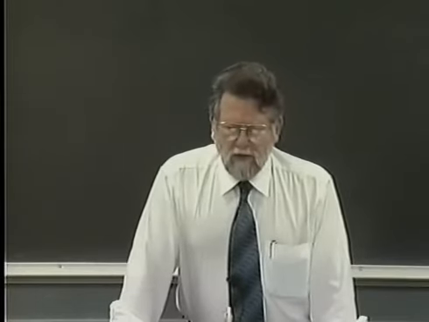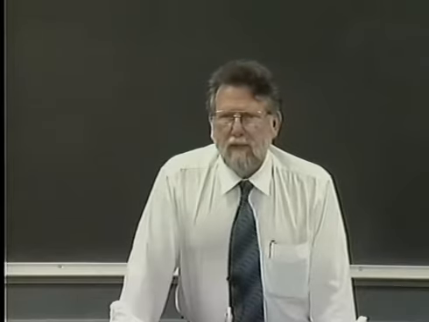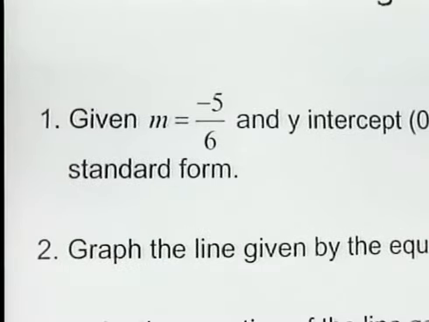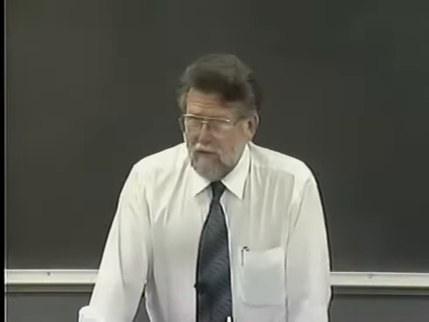So let's go to the first problem on the test. We go to the document, Ken. I gave you the slope at -5.6 and an intercept at 0.3, and the place where we didn't do what I wanted was when I asked you to put the answer in standard form. So what do we mean by standard form?